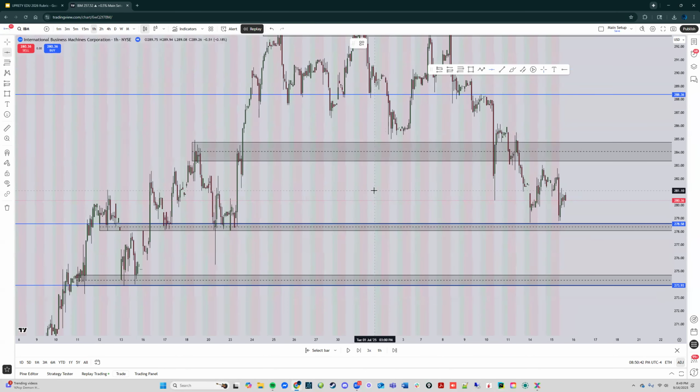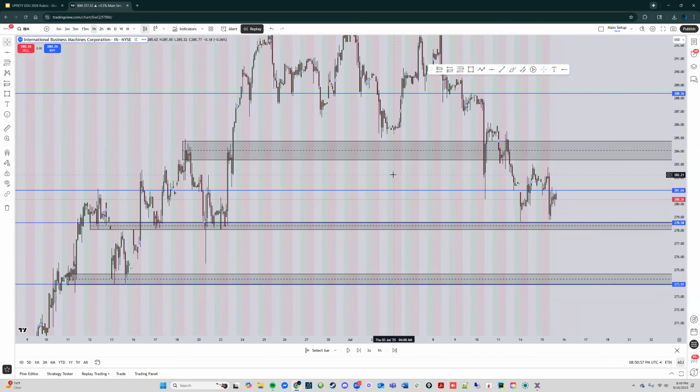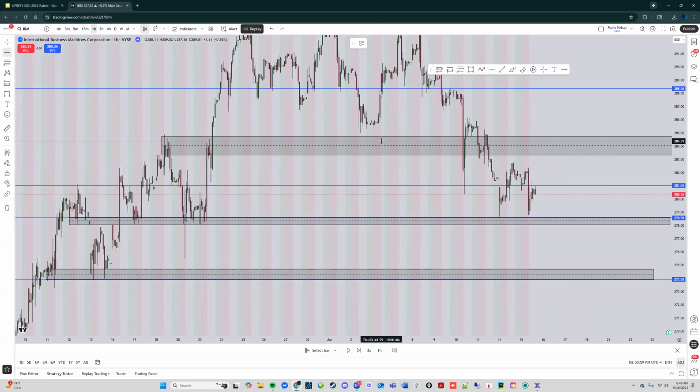Can we have a level here? Prog, I want you to tell me to stop whenever you see a level. Maybe there. So Prog wants a level right here. Any other levels? Start from up here and let's work our way down.